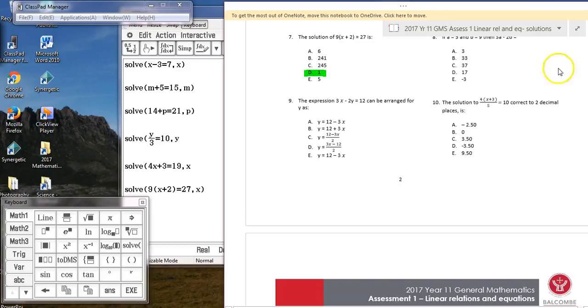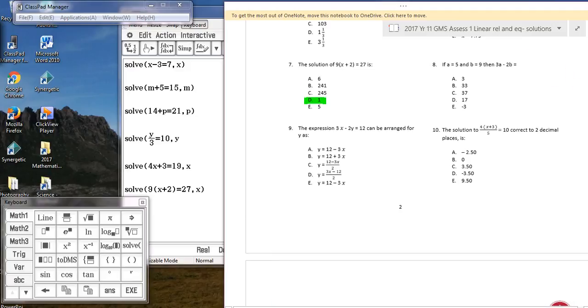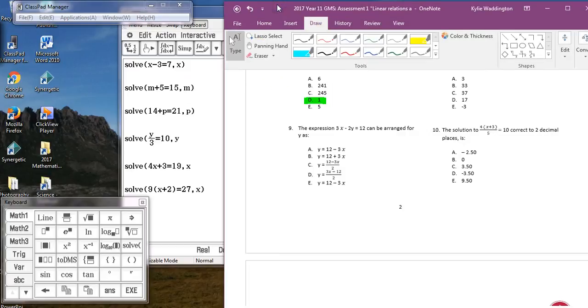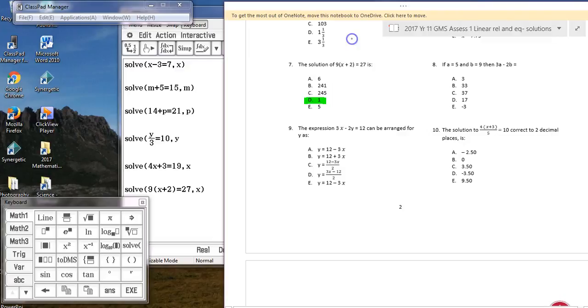This next problem was substituting. There's no way of doing this on our calculator, so we're just going to do it as you would on a piece of paper. Okay, so we've got 3a minus 2b, and we need to substitute.